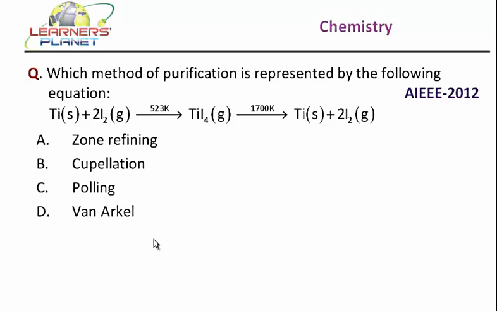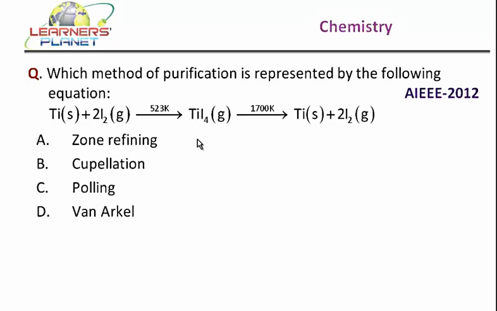Right? So these metals are heated in an evacuated vessel with halogen at high temperatures when they form their respective iodides. Now say this is titanium tetraiodide given here.